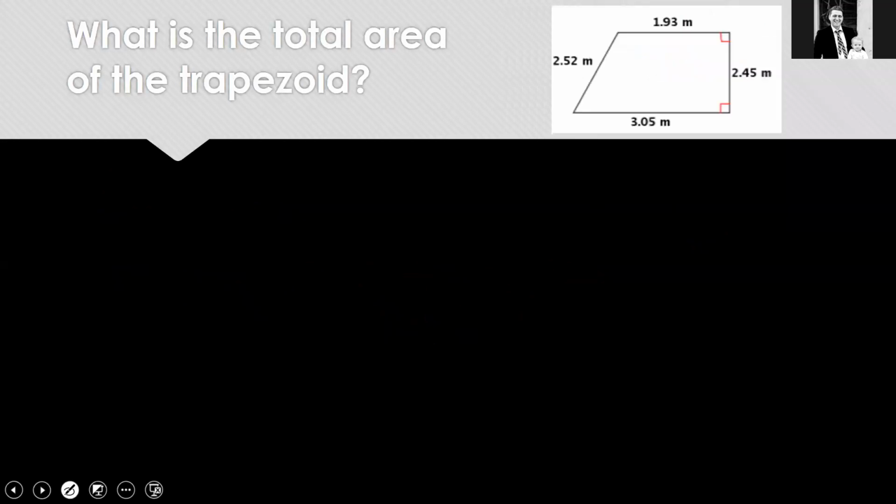Now let's find the total area of this trapezoid. If we're looking at this trapezoid, a big decision that we have to make for ourselves is which one of these to use as the height. Well, this one has the right angles attached to it, so we know we're using this one. Area equals 1/2 height times base 1 plus base 2.